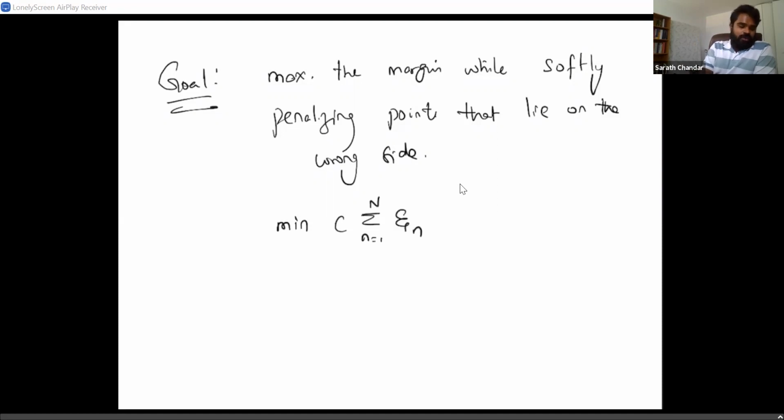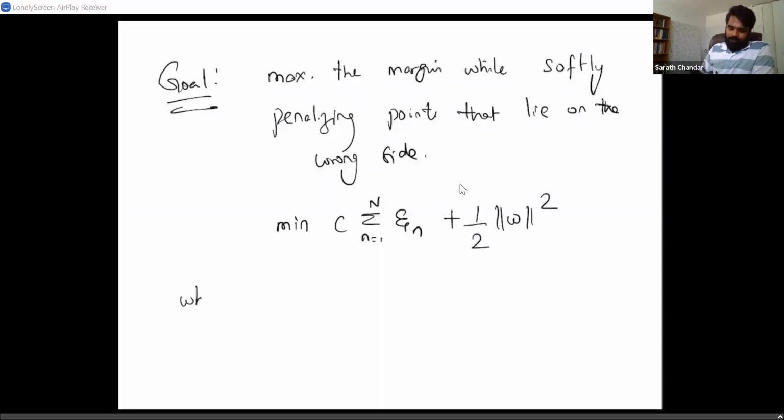Now you are minimizing the slack variable, plus 1 over 2 norm of w squared, which is the usual thing that we already had, right?